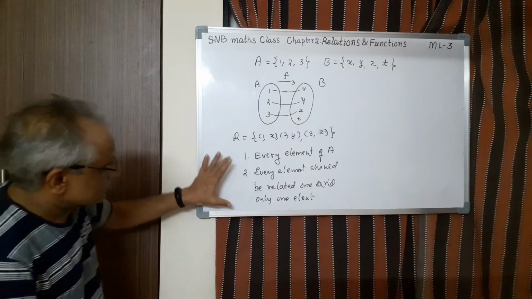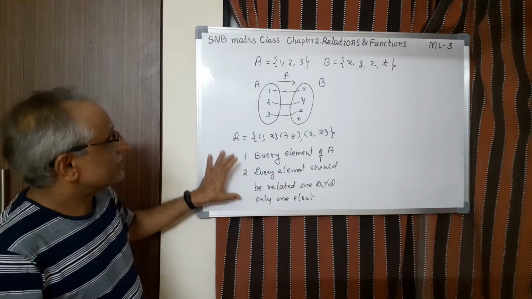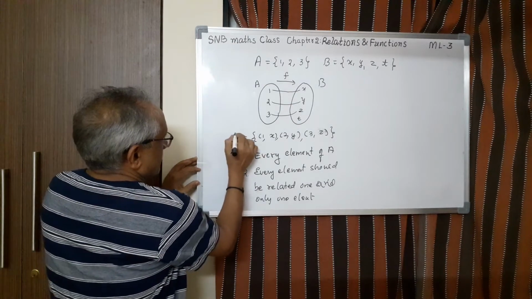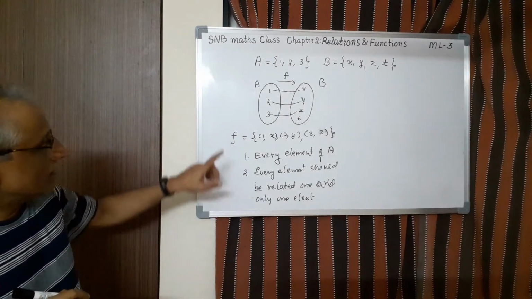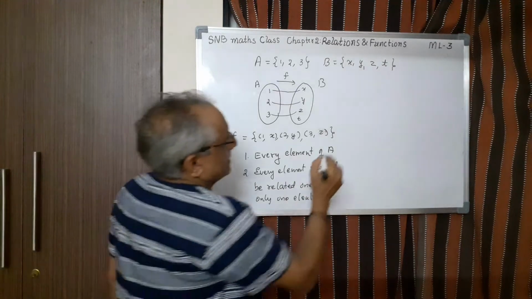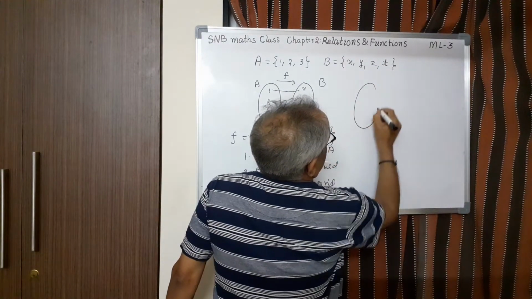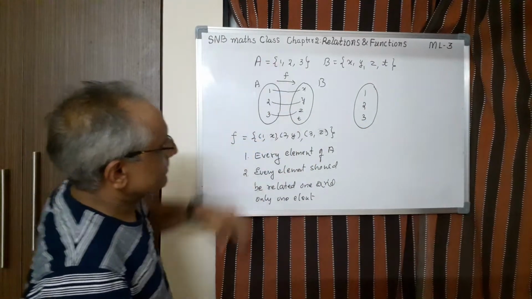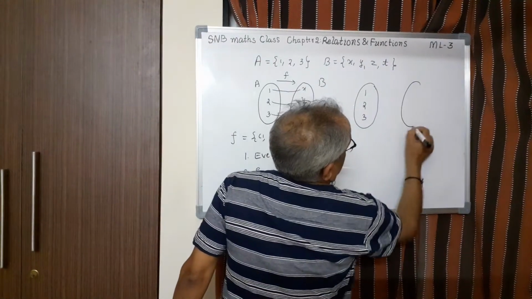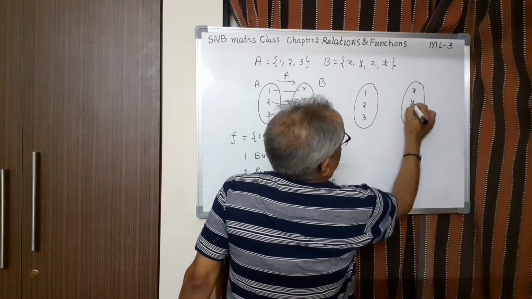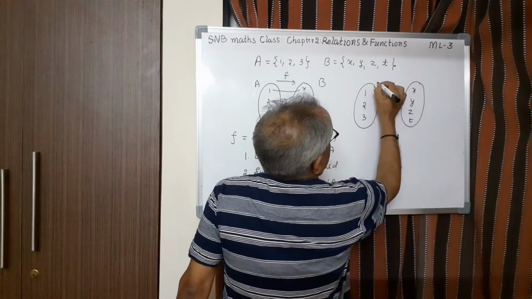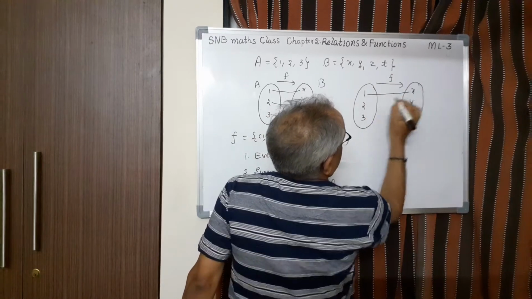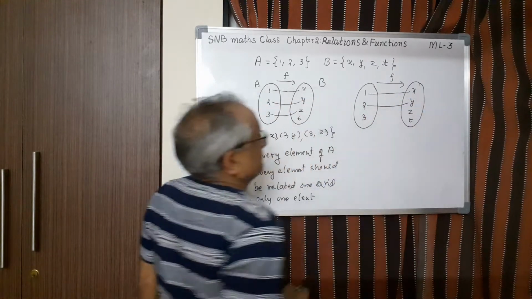If these two conditions are satisfied, this relation, of course we call it as f, actually instead of r we can say f. This is a function. For example, suppose I take 1, 2, 3, same set I am taking, x, y, z, t, say this is f. 1 is going to x, suppose 2 is going to y.